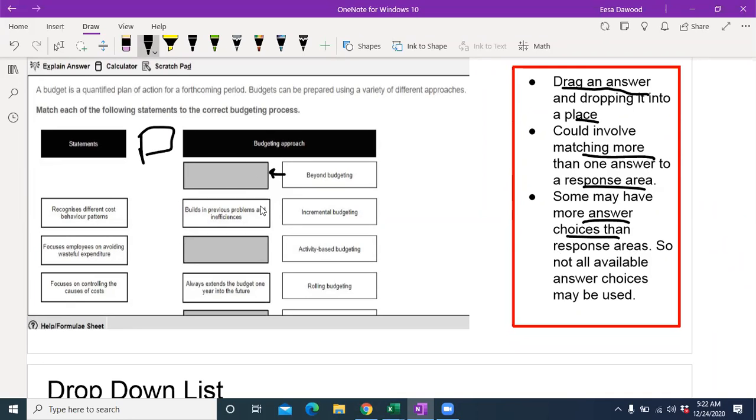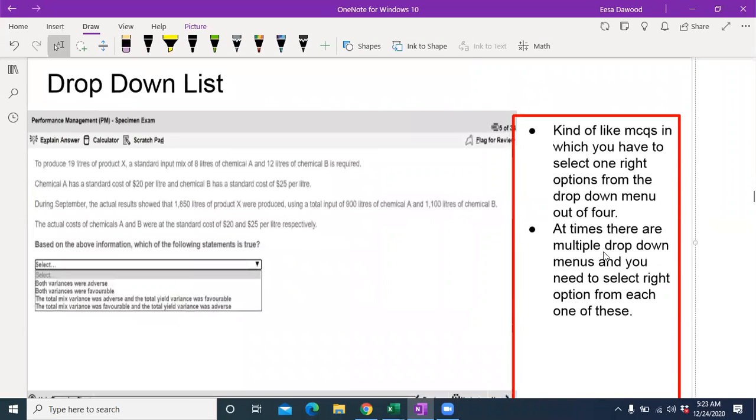For example, there are 4 response areas and 4 statements, and you need to pick the 4 statements and put them at their respective places. But at times there are more choices, like 10 choices and you need to put them in the 4 response areas. So you need to know that not all available choices may be used, so you need to pick the right answer. So that's another tricky question type, drag and drop.